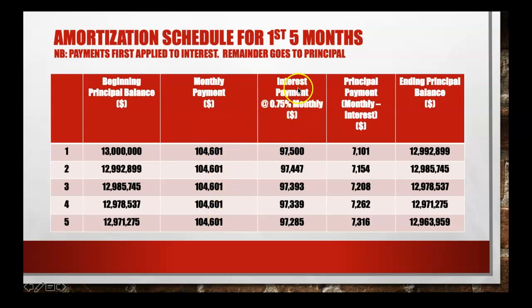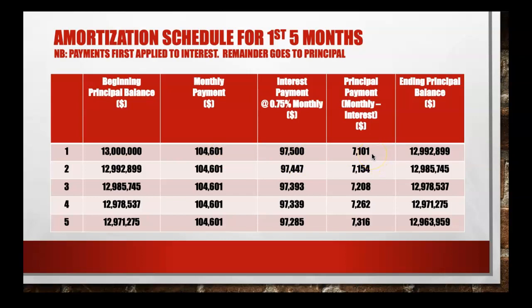So interest charge is 0.75% of the principal. So for the first month, 0.75% of 13 million gives us 97,500. Since the payment is 104,601, it means that the difference of 7,101 will go to principal. So 104,601 minus 97,500 gives us 7,101.